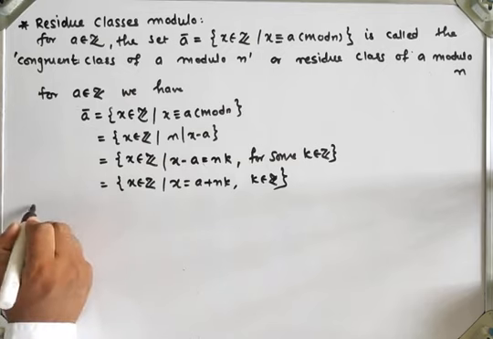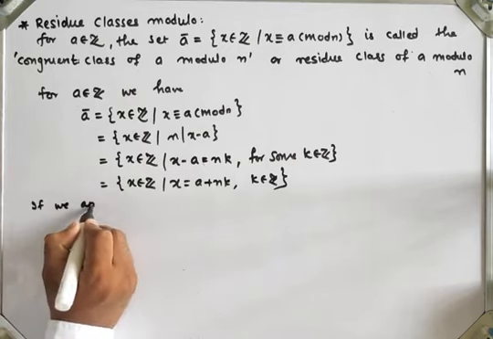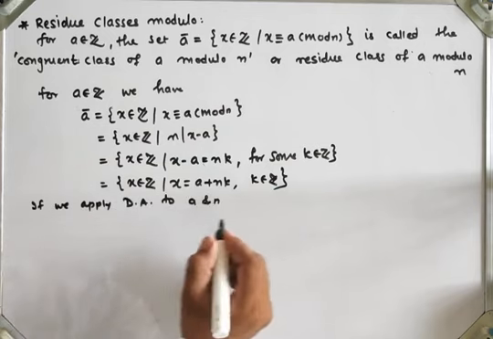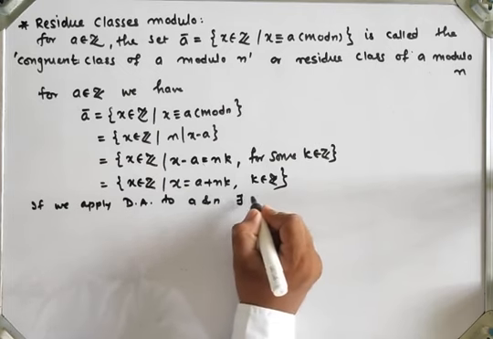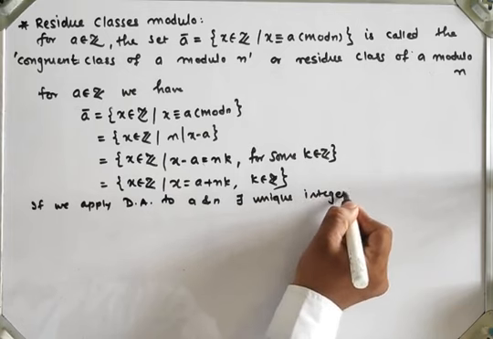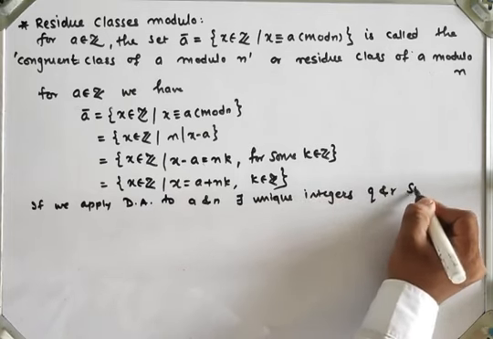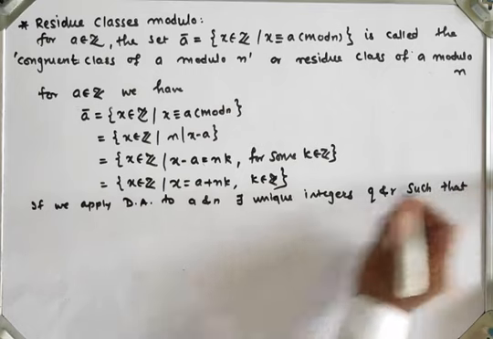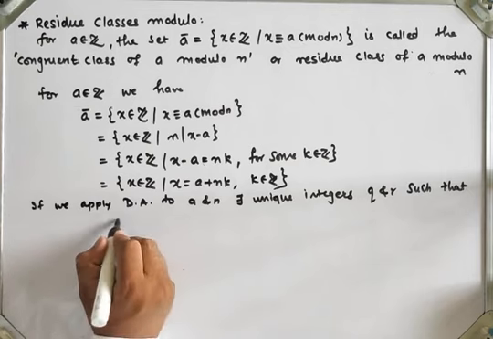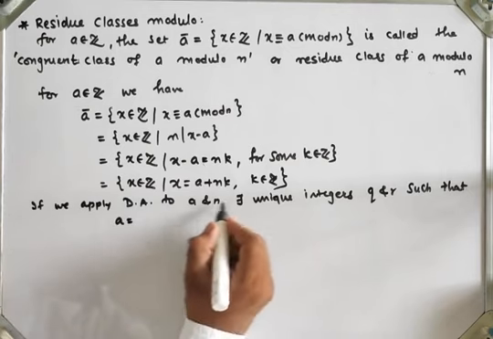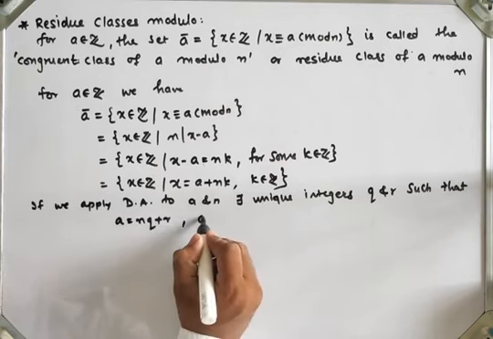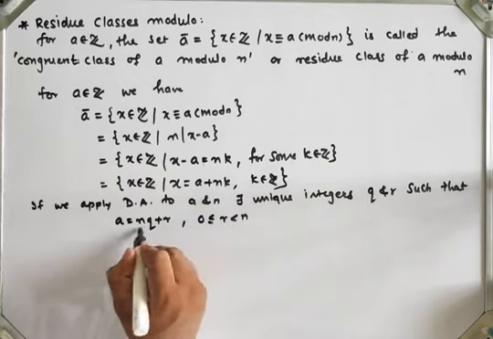Now if we apply the division algorithm to a and n, then there exist unique integers q and r such that a is equal to nq plus r, where the condition on r is 0 less than or equal to r, which is strictly less than n.